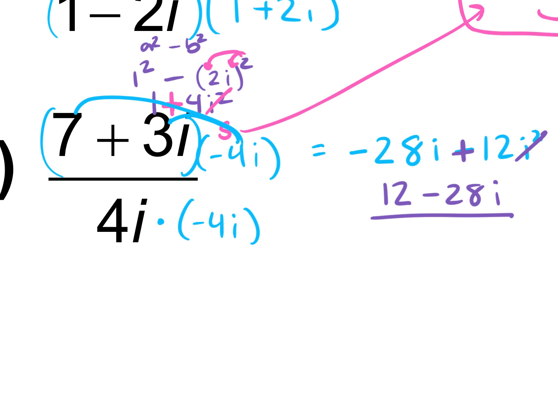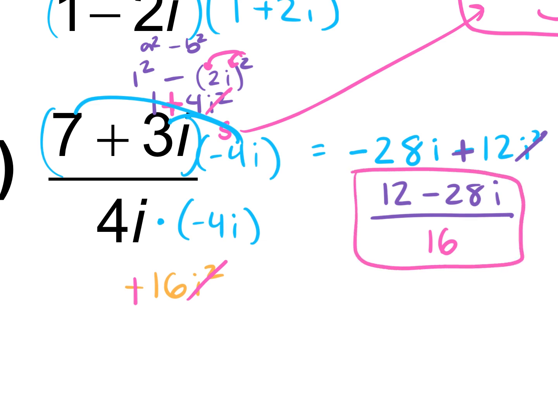So it's 4i times negative 4i. Negative 16i squared, and what does the i squared change to? Changes to negative 1, which makes it a plus 16. So positive 16 goes on the bottom. So this would be our answer, but can I simplify this?